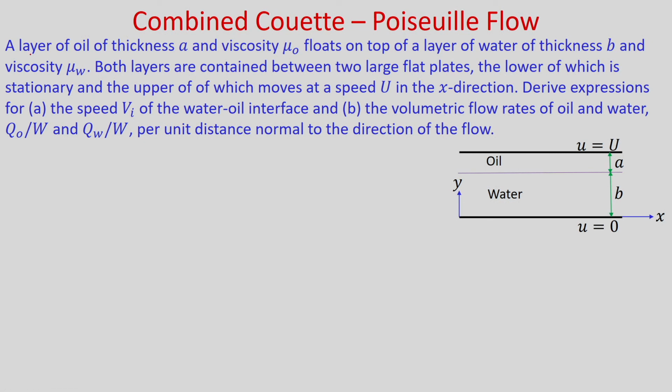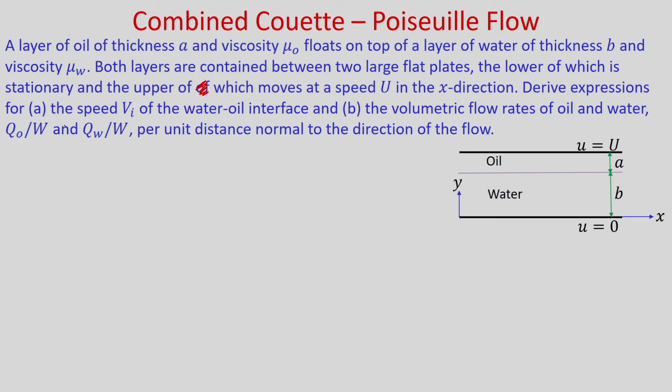Now, let us solve two problems. The first problem we will consider is two layer Couette flow. Already you have found the velocity profile as well as the volume flow rate per unit width. So, the first problem is: a layer of oil of thickness A and viscosity mu O floats on top of a layer of water of thickness B and viscosity mu W. Both layers are contained between two large flat plates, the lower of which is stationary and the upper of which moves at a speed u in the x direction.